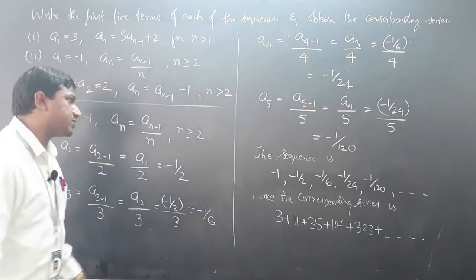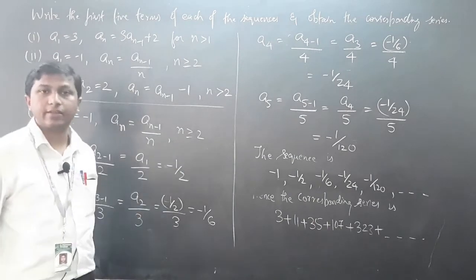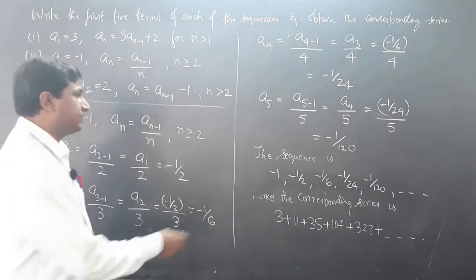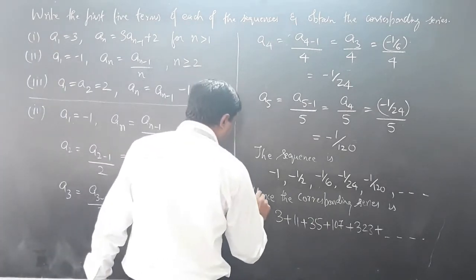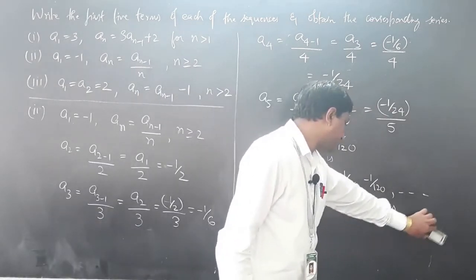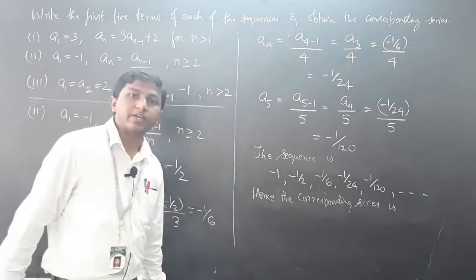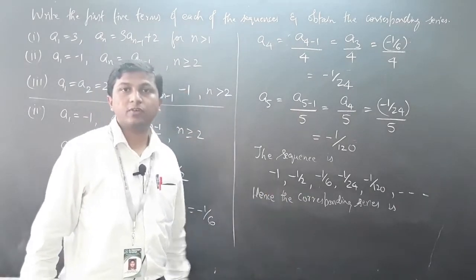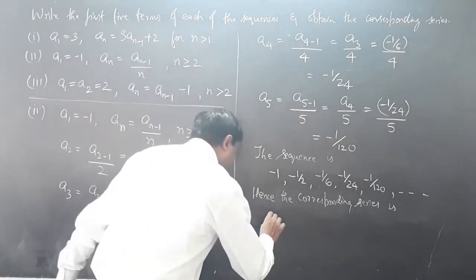I have written 3 dots again because this is an infinite sequence. What is the corresponding series? I just replace the commas with plus signs. What do I get?